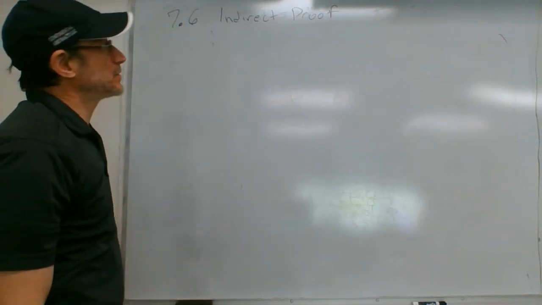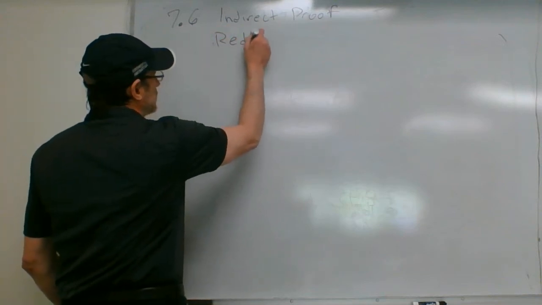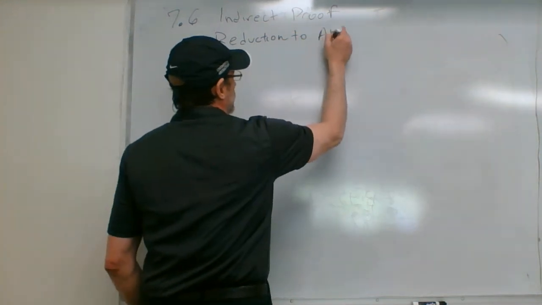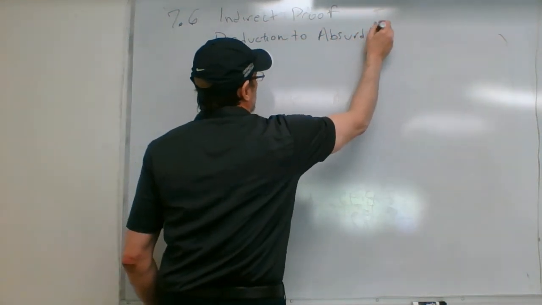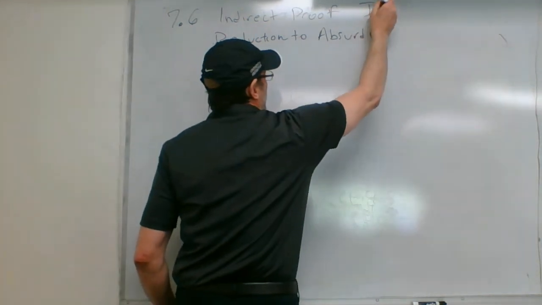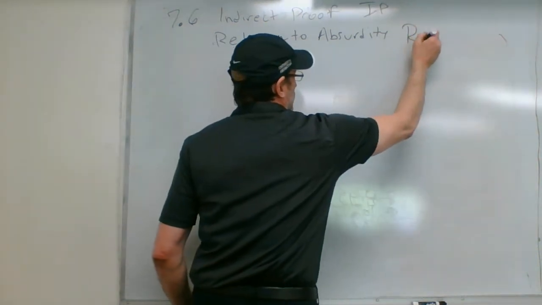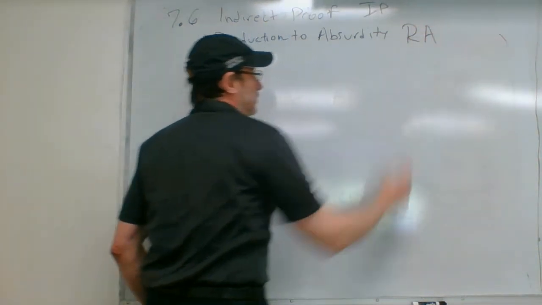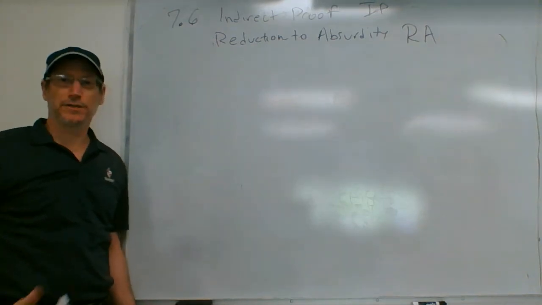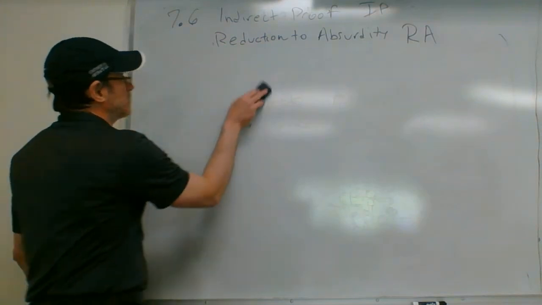In some logical systems, you would find that this is called reduction to absurdity. In this system, it's called IP, indirect proof. Reduction to absurdity could be RA, or sometimes it's called RAA, reductio ad absurdum. But anyway, let's stick with the name indirect proof.